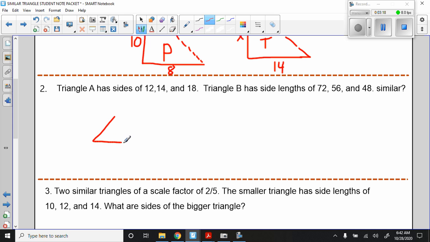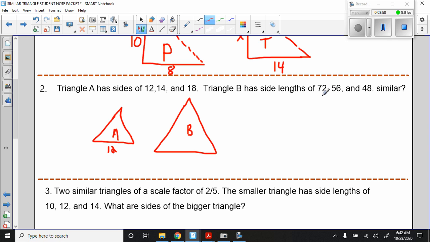Let's look at our small triangle, triangle A. Notice your sides 12, 14, and 18. This is where you have to be careful. Be consistent with small, medium, and large. Your life will be so much easier if you put the smallest on the bottom of triangle A and the smallest on the bottom of B.